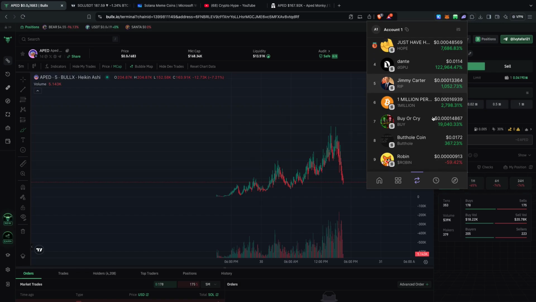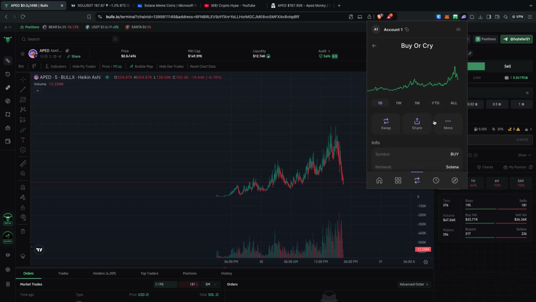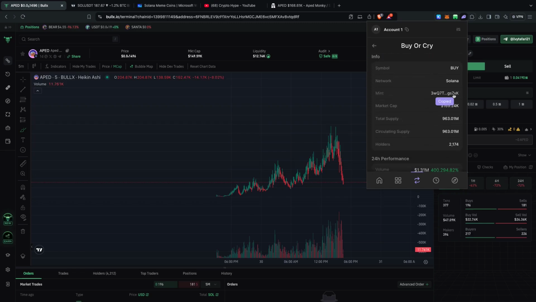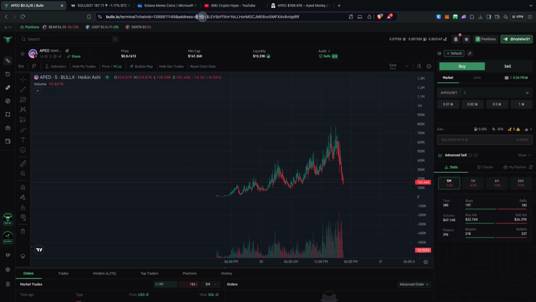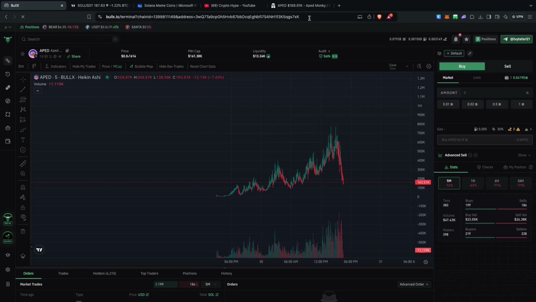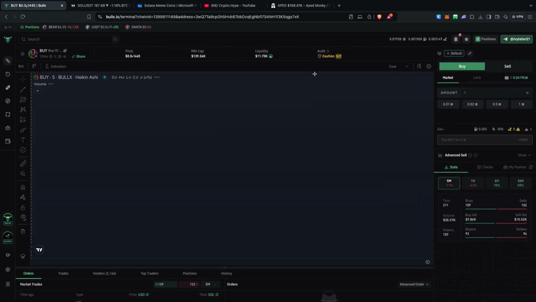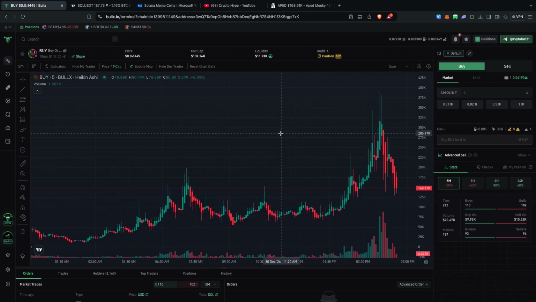So if you go to the past 24 hours, this is what we're getting. Let's take a look at this random coin. We click on buy or cry and grab the contract address. Okay, when we do that, we paste it in. Let's take a look at the graph and see what's happening, and if it's still worth investing in.